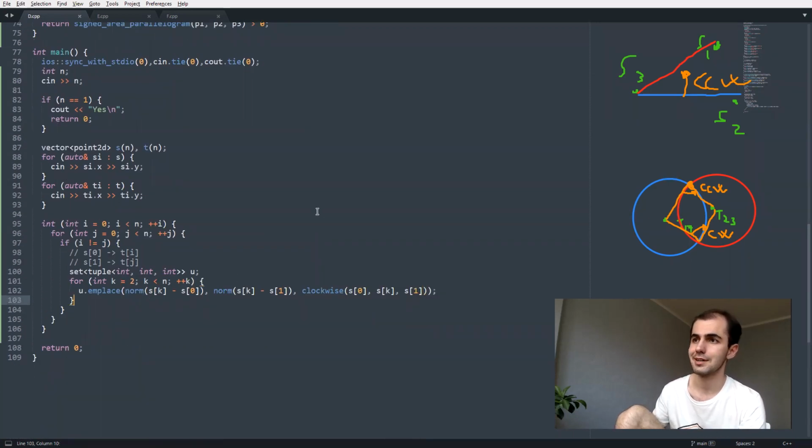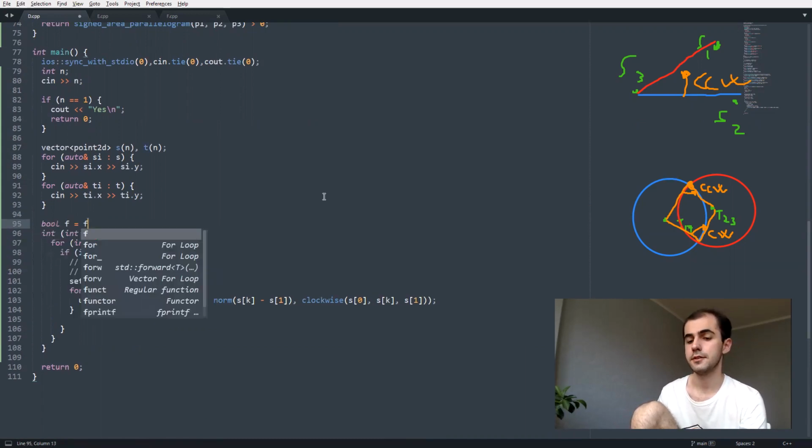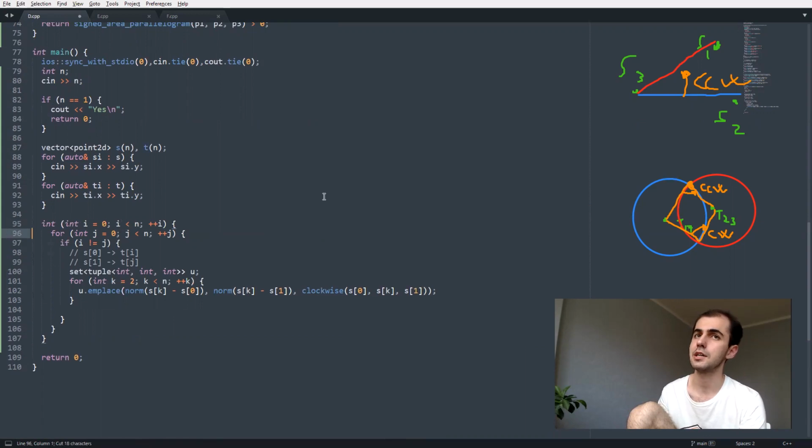Sounds reasonable, right? Right. Or at least I think so. F is going to denote if we found an answer, or we're gonna exit with 0. Okay.